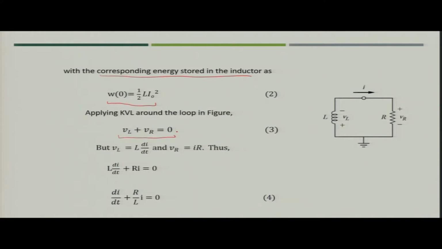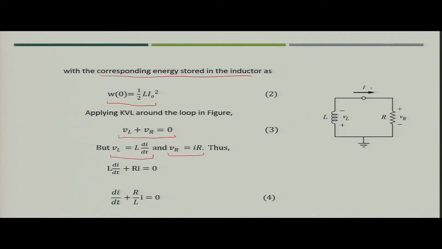That means VL plus VR equals 0. The voltage across the inductor is L di by dt, and the voltage across the resistance is i into R, where i is the current flowing in the loop.